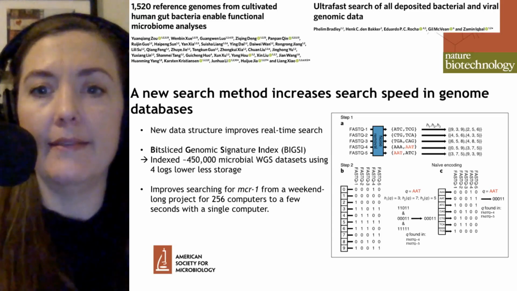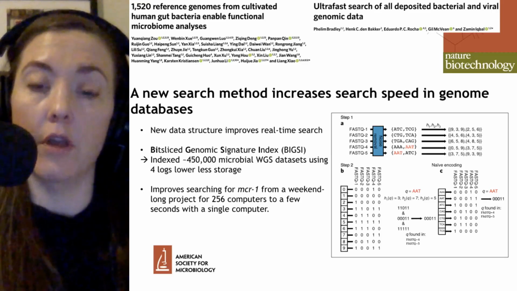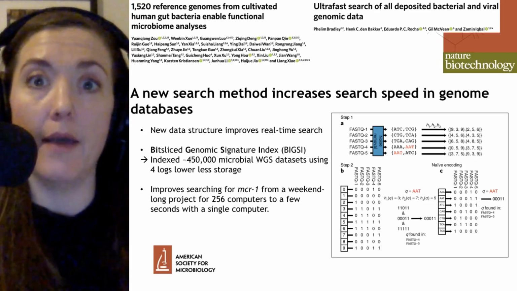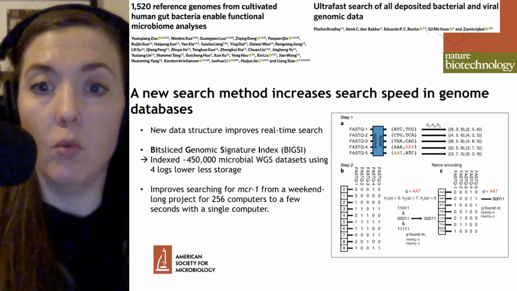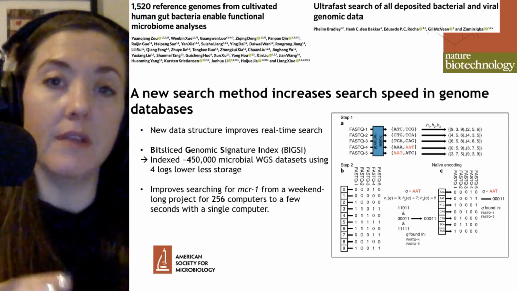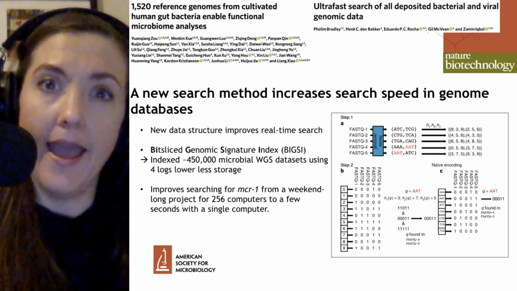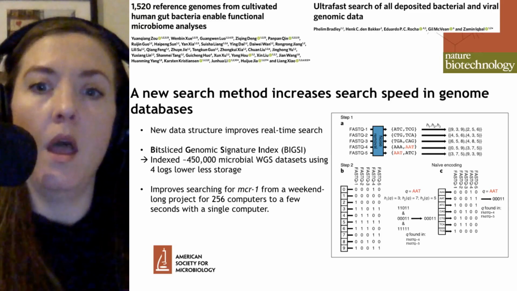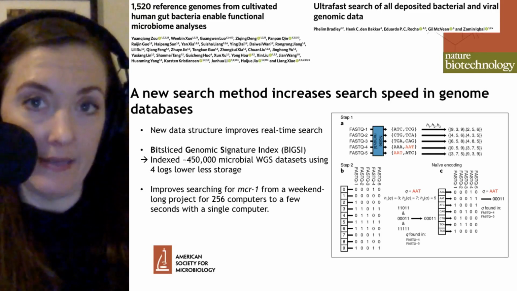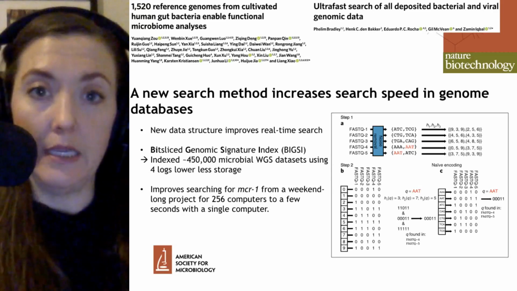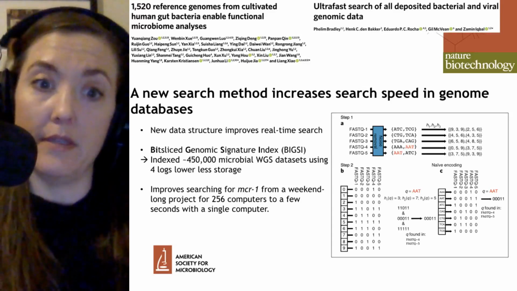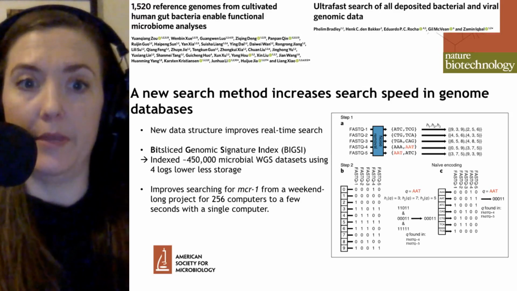In this case, it queries the entire sequence of that particular FASTQ sequence in order to find which of the sequences within that database have that particular sequence. And so by using this index method, it allows researchers to much more quickly look for sequences that are present in a database.